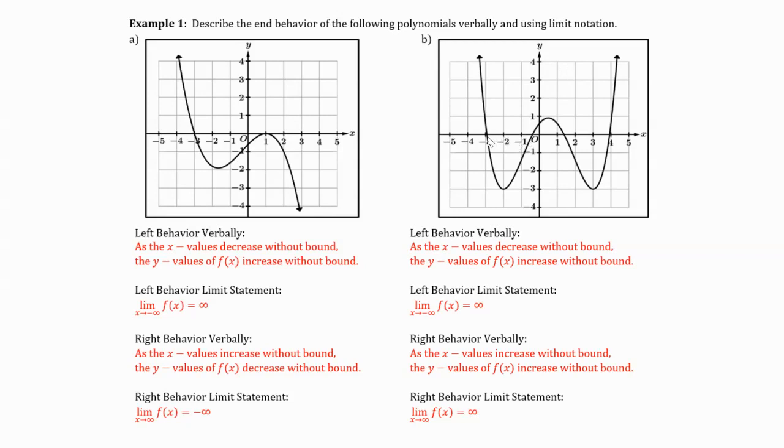As the x values decrease without bound, the y values increase without bound. And on the right, as the x values increase without bound, the y values increase without bound. You can see the limit statements here and at the bottom of the page.